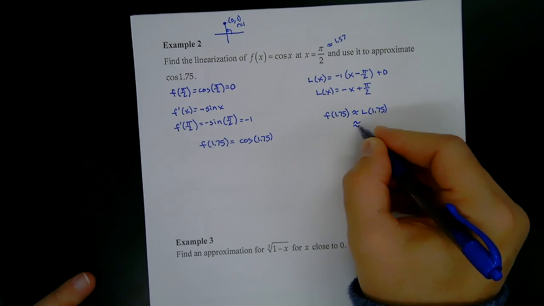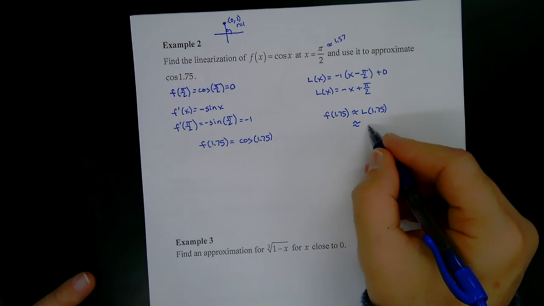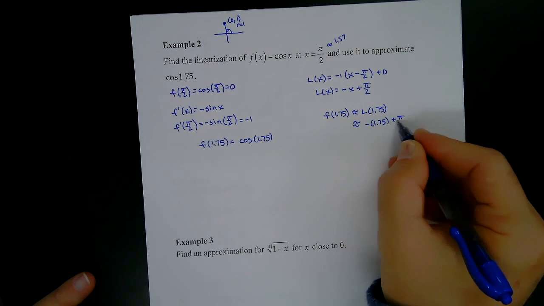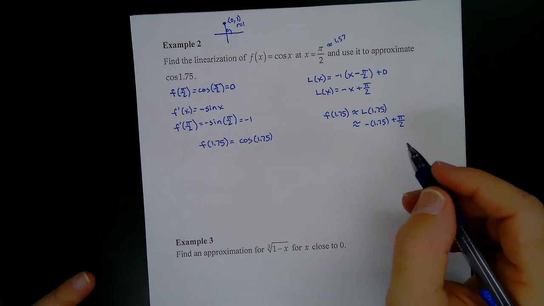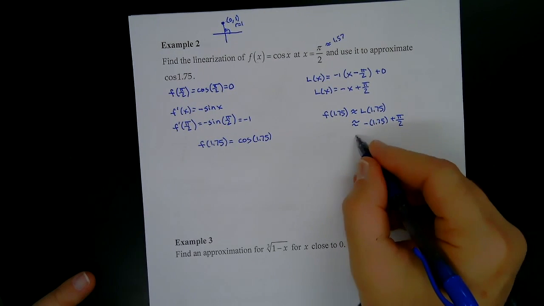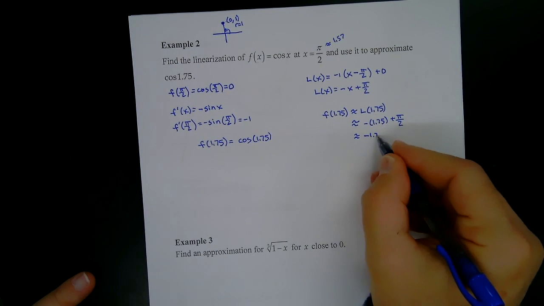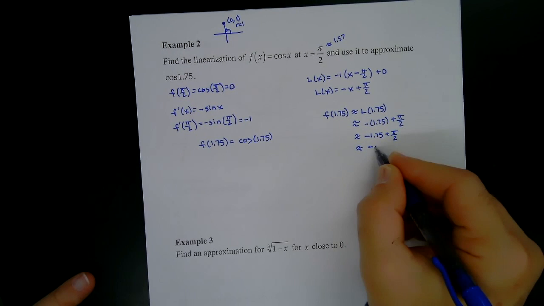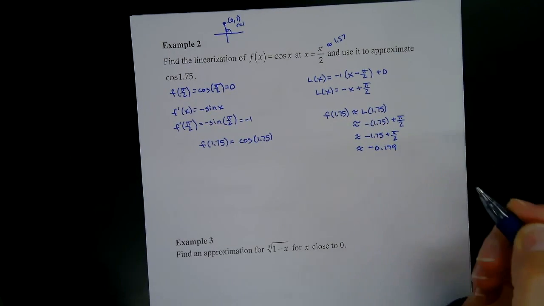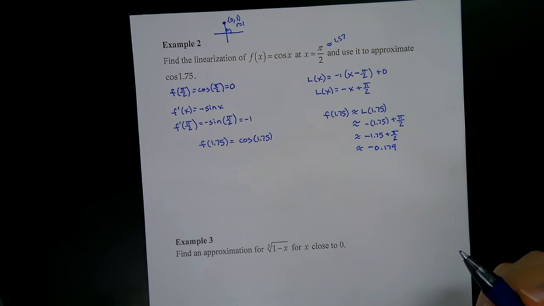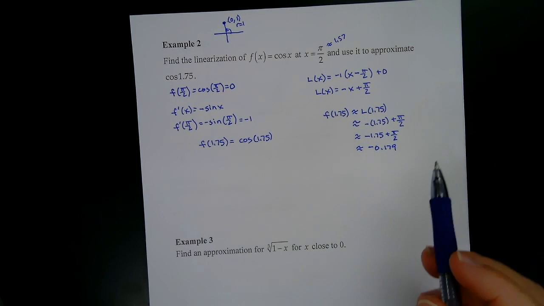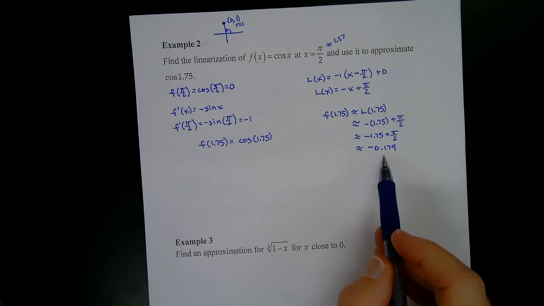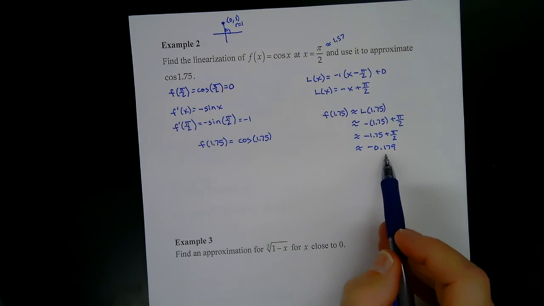And so L of 1.75 is negative 1.75 plus pi over 2, which is approximately negative 0.179. I put that into my calculator. So f of 1.75 is approximated by L of 1.75, which is negative 0.179, okay?